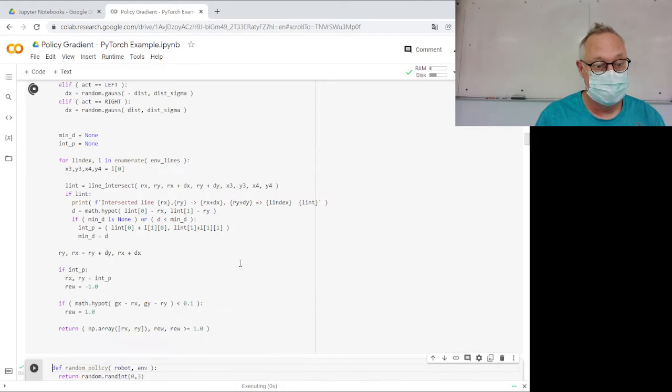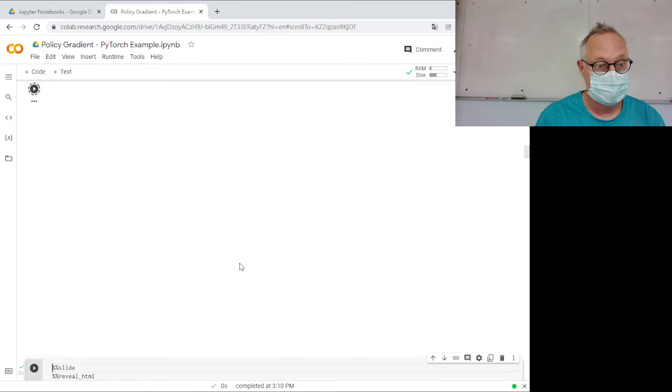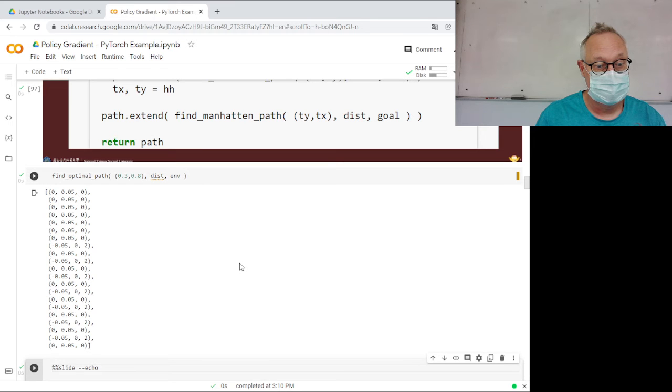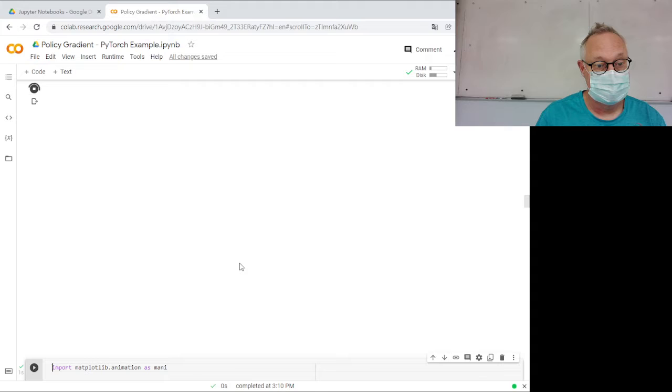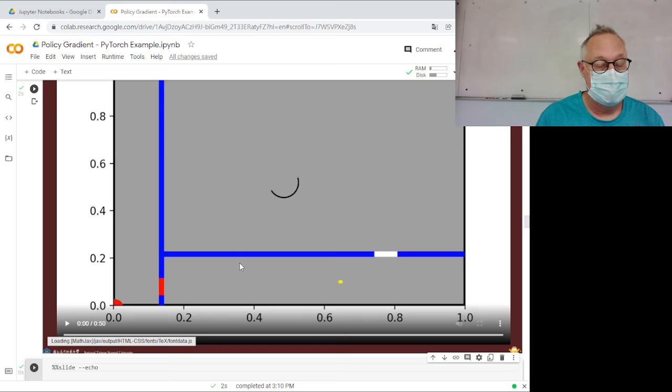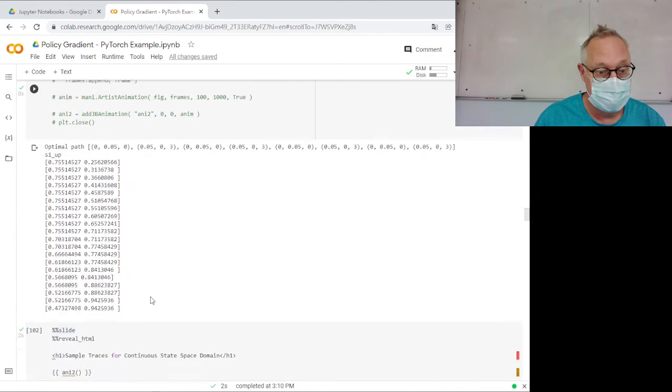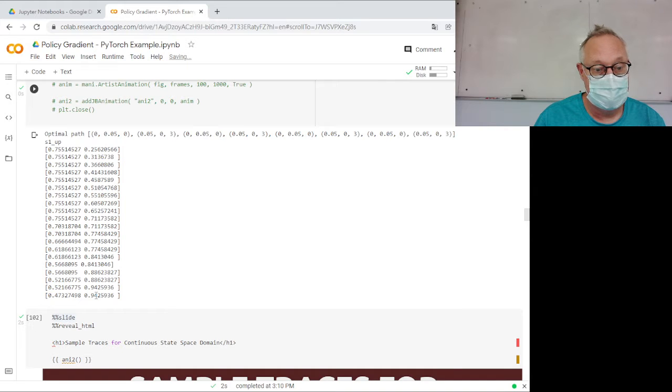Okay. So now we can plot our curves. But now it went to the target location, so why?